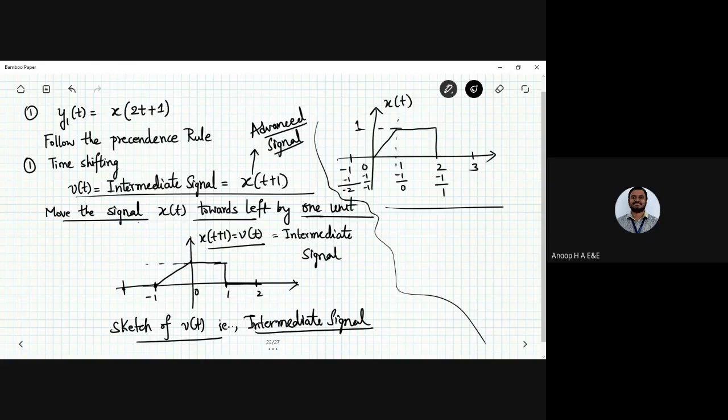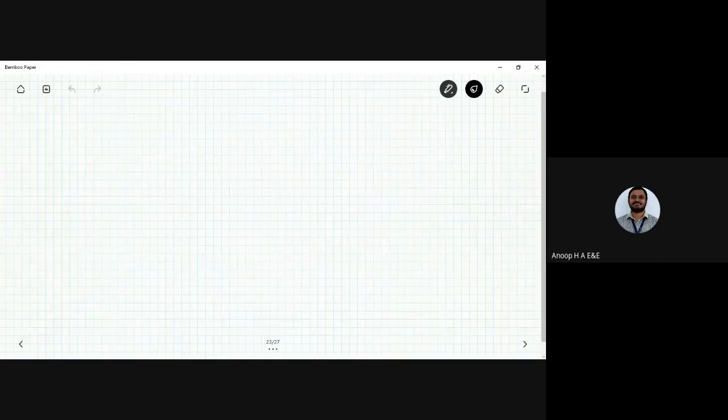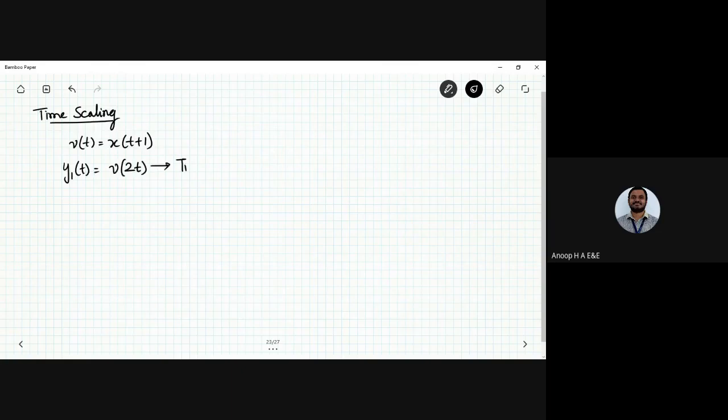I'm not going to spend much time here, so I need to go for the time scaling quickly now. So v of t, which is x of t plus 1. I need to find y1 of t, that is v of 2t. This is the time scaling here.